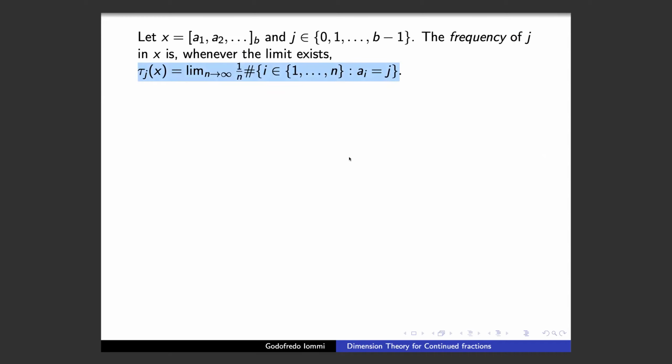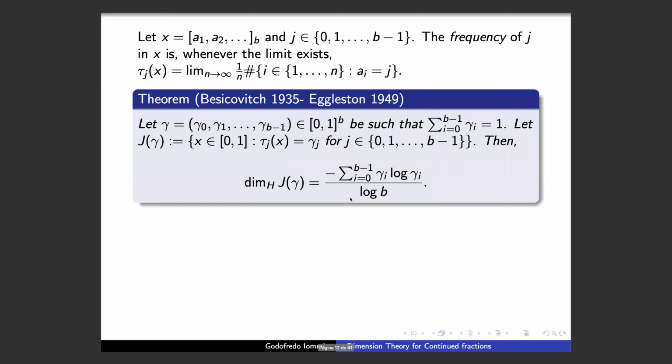So you count the number of times that the digit j appears in the expansion, you divide that by n, and if the limit exists, we call that the frequency. Of course, from what I've just told you, the frequency for Lebesgue almost every number should be 1 over b.